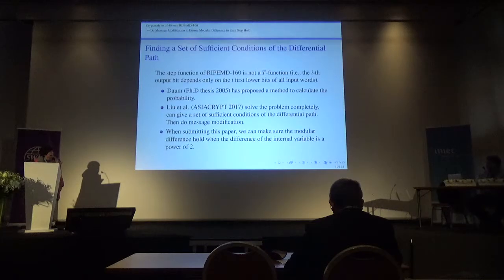Then Liu solved the problem completely and can give a set of sufficient conditions of the differential path. Then do message modification to ensure the conditions, ensure the differential path holds.